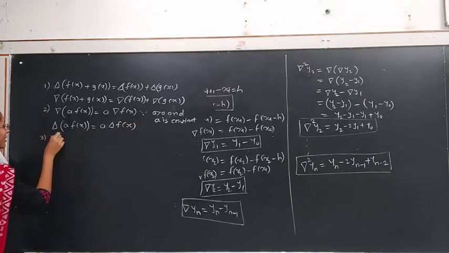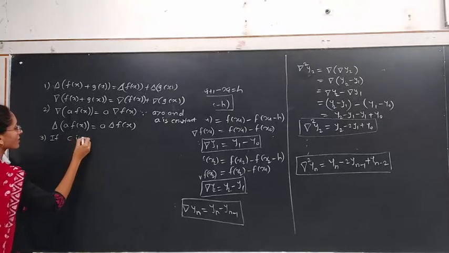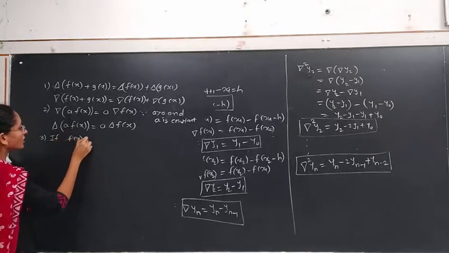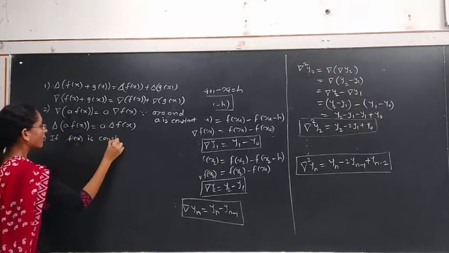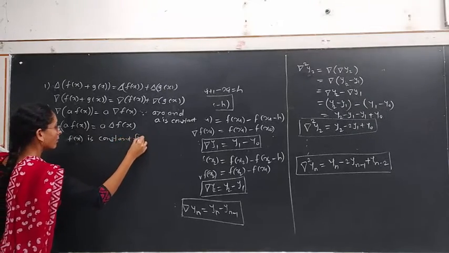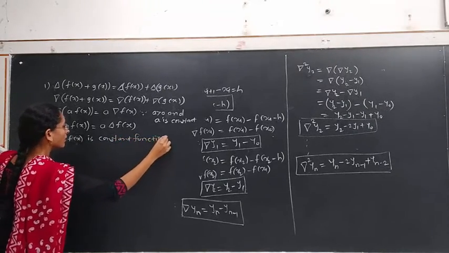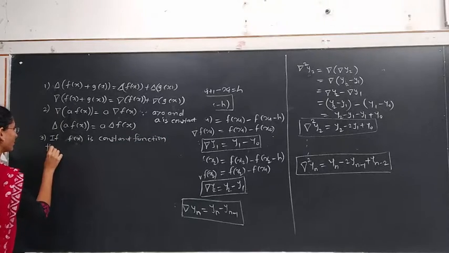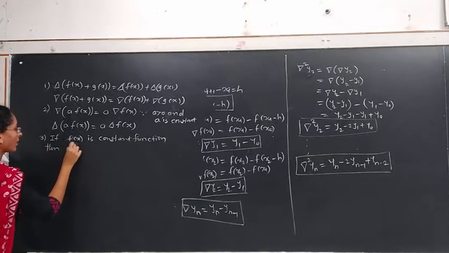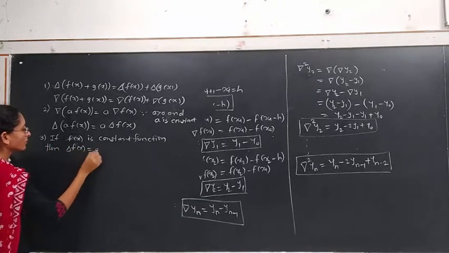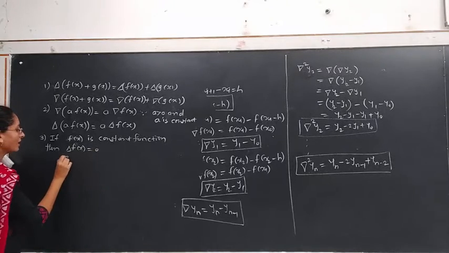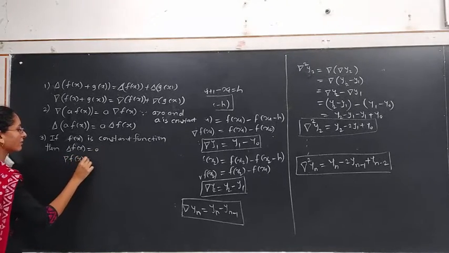Third one, if c is constant, if f of x is a constant function, then del f of x is equal to 0. Similarly, del f of x is equal to 0.